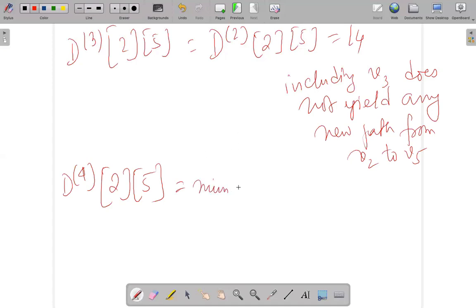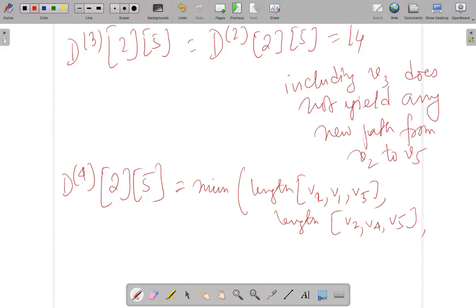This would be the minimum of the length of V2 V1 V5, the length of V2 V4 V5, the length of V2 V1 V4 V5, and the length of V2 V3 V4 V5.